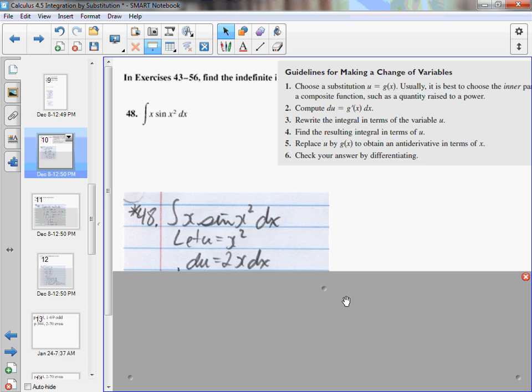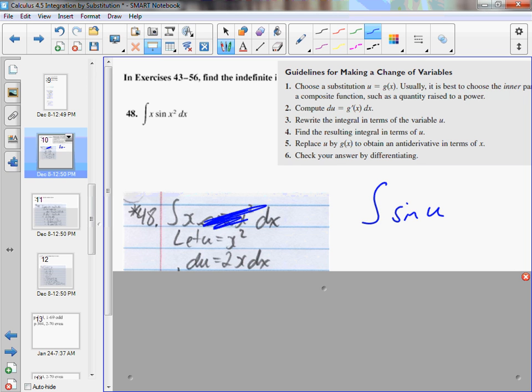Well, look, that's good, because if I'm making the substitution, and I'll do it for real here in a minute, but mentally you need to be thinking what I'm getting ready to show you here. Think, okay, that's the sine of not x squared, but u, so that takes care of that part, but I still got to replace x dx. Now, it would have been really sweet if du had equaled x dx, but any multiple of x dx is good enough, isn't it?